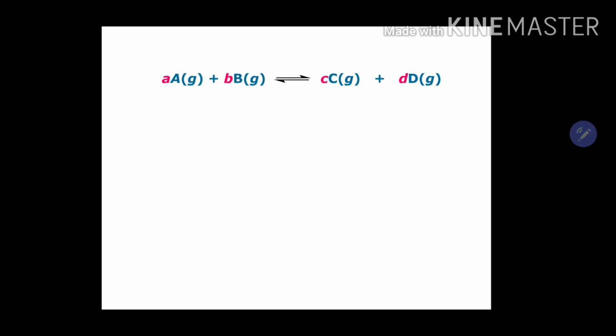Consider again the equilibrium equation for a general reaction of aA plus bB produce cC plus dD. So the Kc is the concentration of products divided by the concentration of reactants.